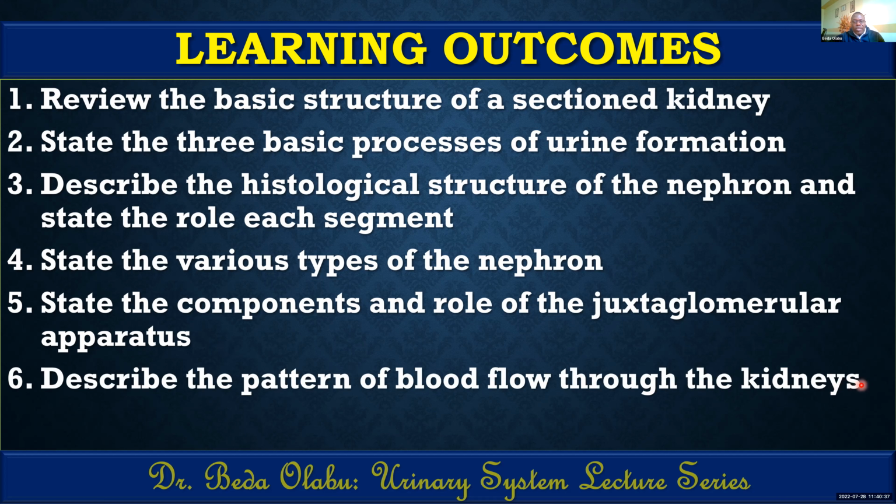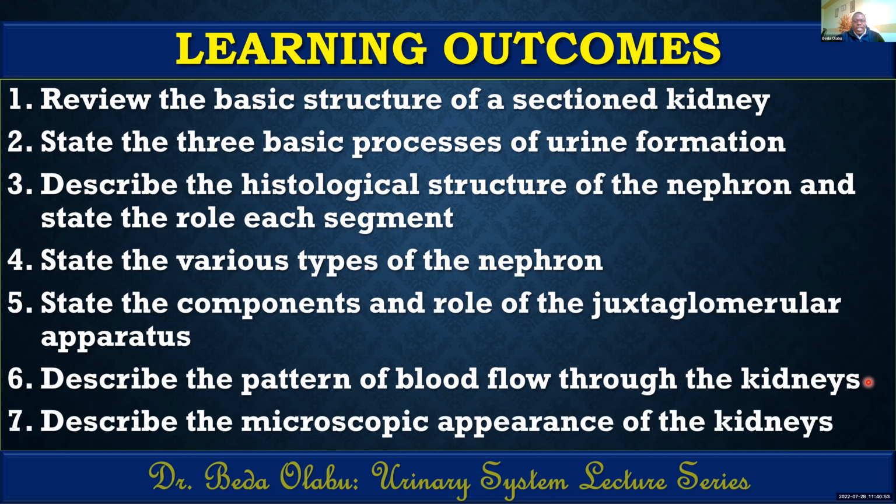We'll then look at the pattern of blood supply through the kidney. This is more of a gross thing, but it's difficult to understand if you don't understand the full histology of the nephron, and that's why I've chosen to discuss it under this particular section. Lastly, we'll be looking at the microscopic appearance of the kidneys in general.